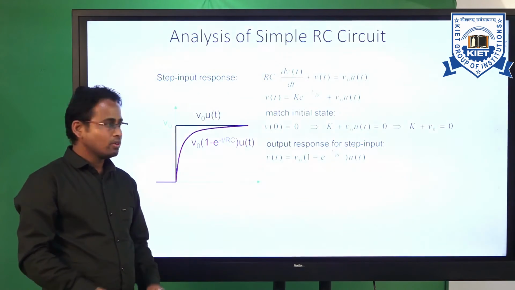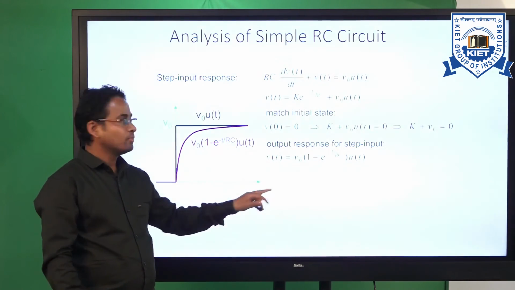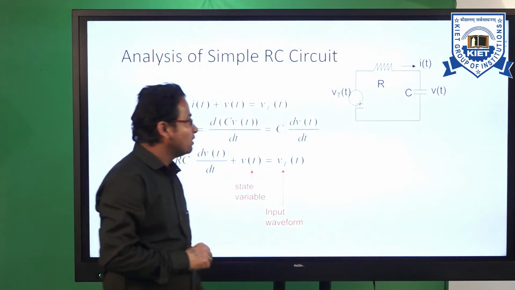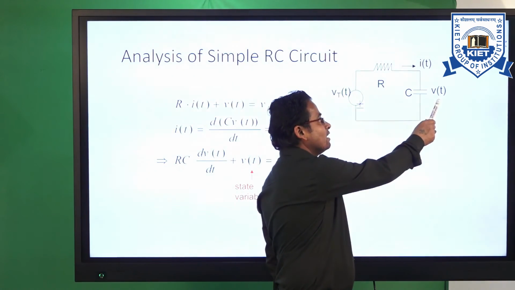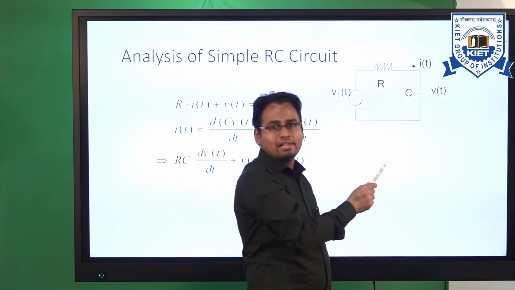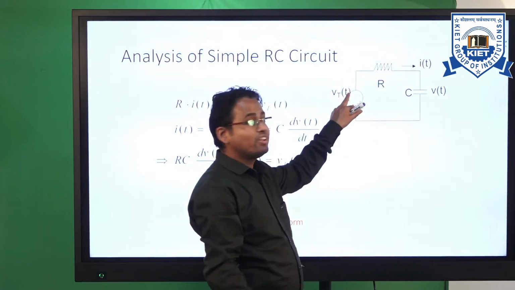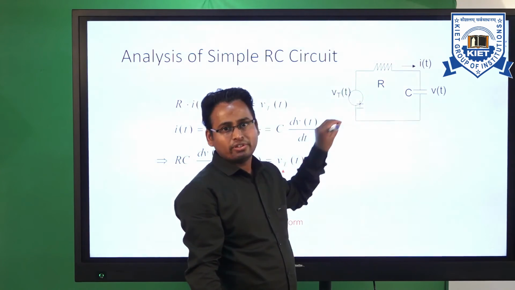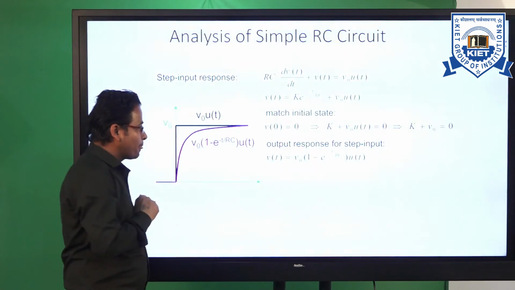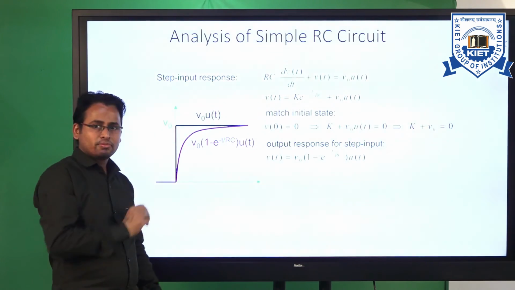Clear? What is v(t)? In the previous slide, look at this one. That is the voltage across the capacitor, while v(t) of small t is the applied input voltage. Clear?